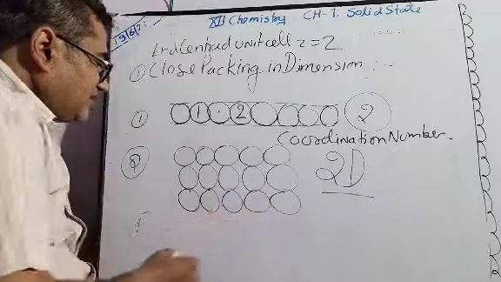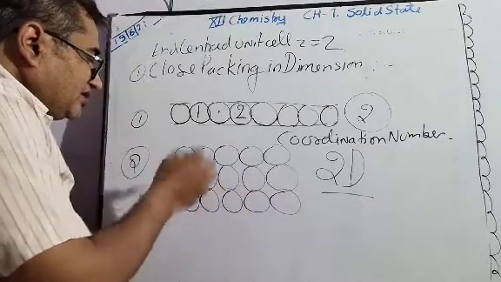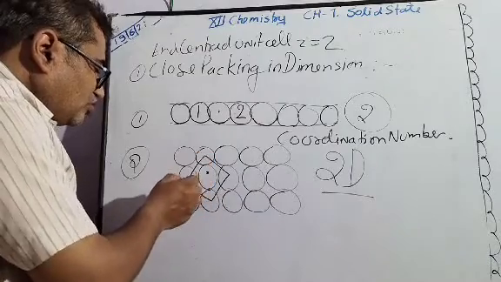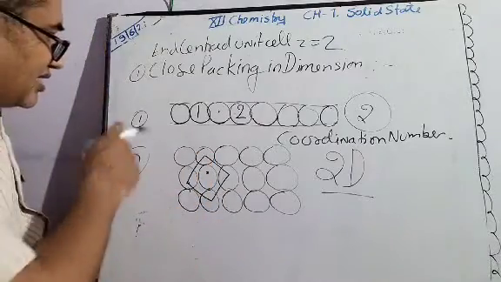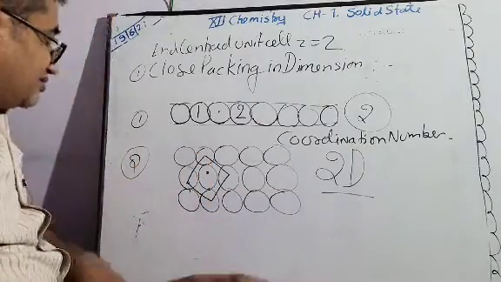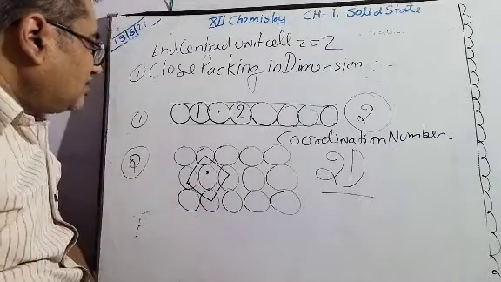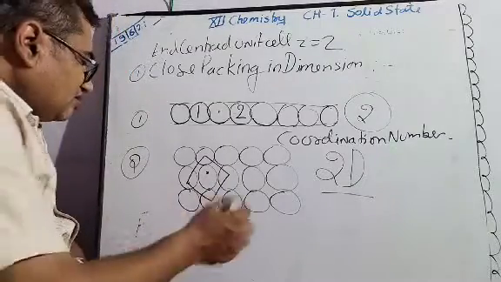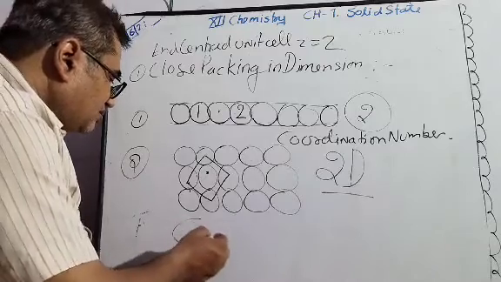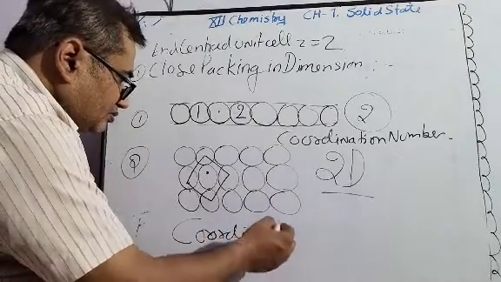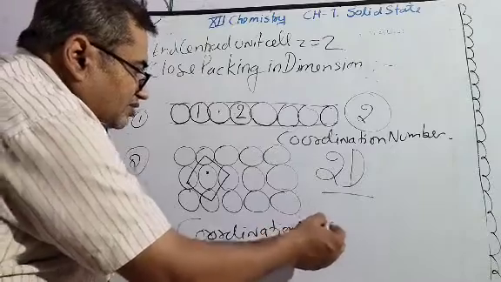Okay, in 2D close packing we are observing a very important thing. What are we observing? We are observing that a square close packing is formed in this kind of arrangement. That's why for this second 2D arrangement of close packing, its coordination number will be 4.